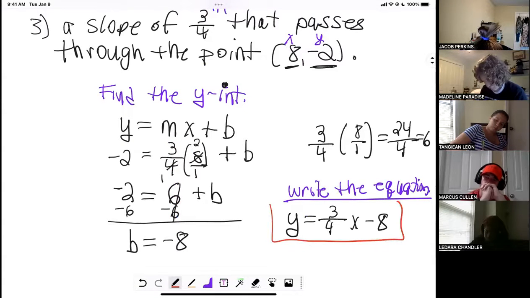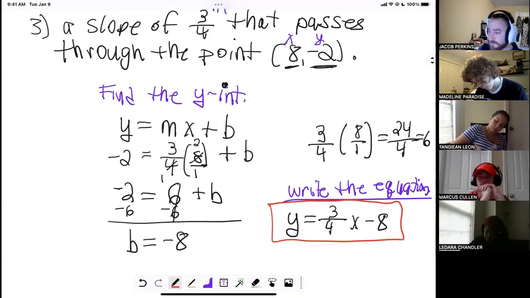Notice that once you find your y-intercept and you have your slope, you just plug in y and x stays. You just plug in the slope and the y-intercept and your equation's done. Any questions on that particular one where I give you the slope and a point? Because we're going to go to the next one.